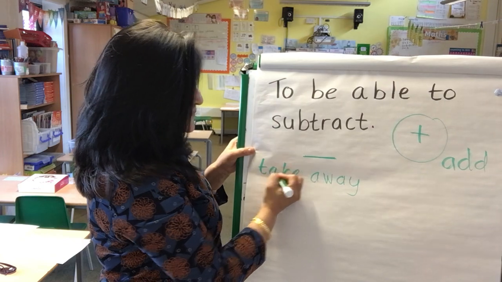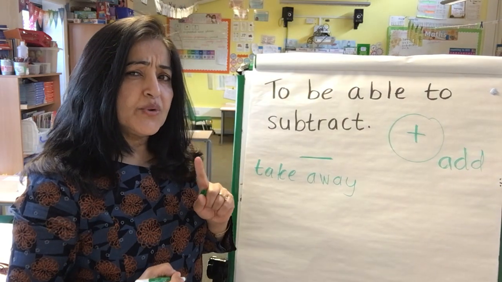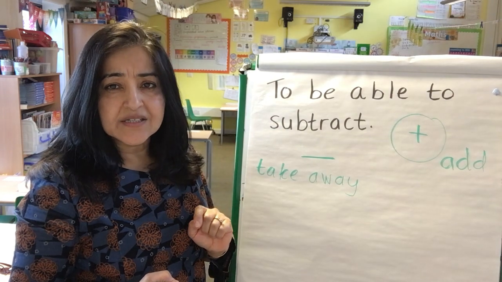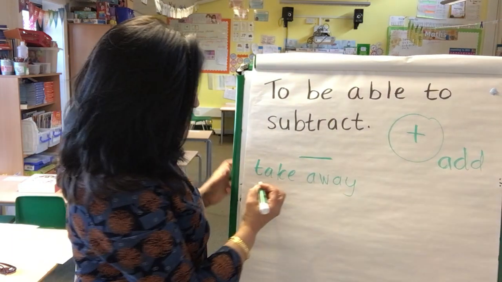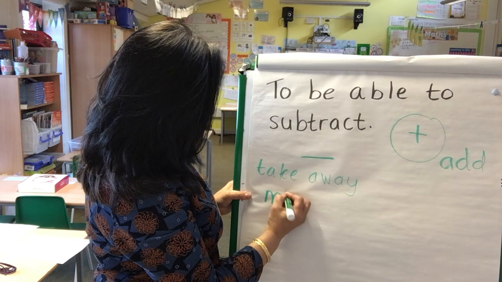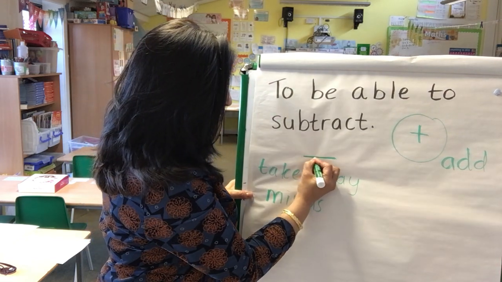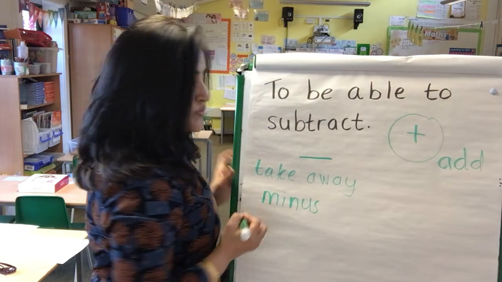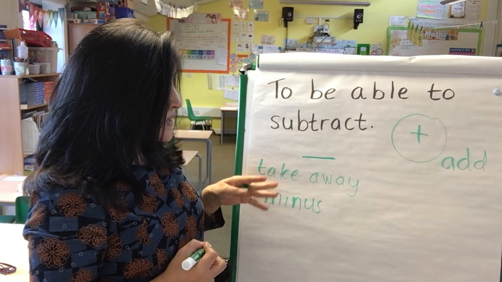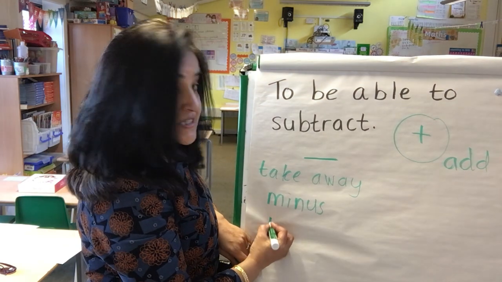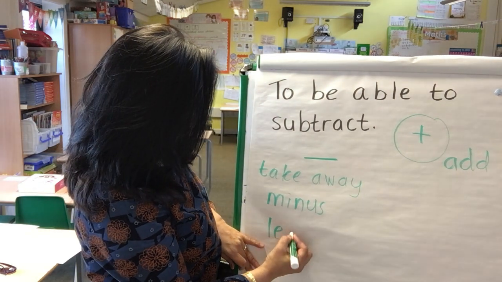Take away. What other words do we have that mean the same as subtract? We can use the word minus. Sometimes we say that it's a minus sign, minus, because we're taking it away. We can also use the words less than.